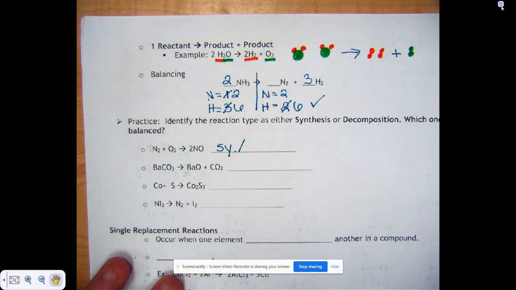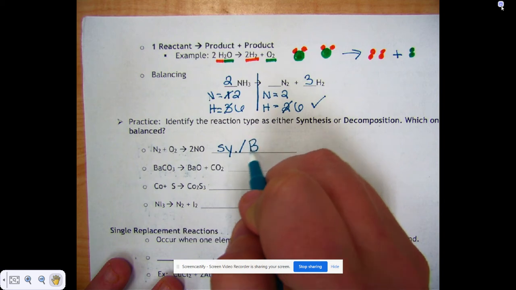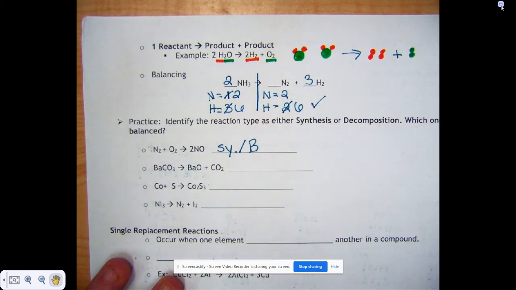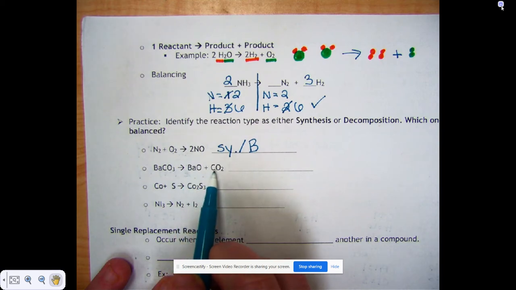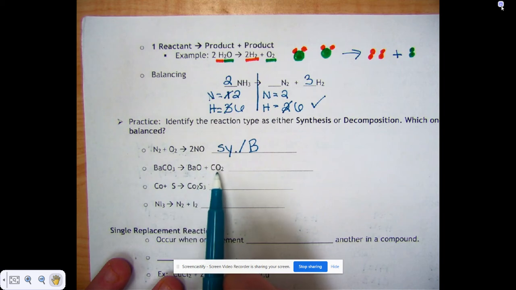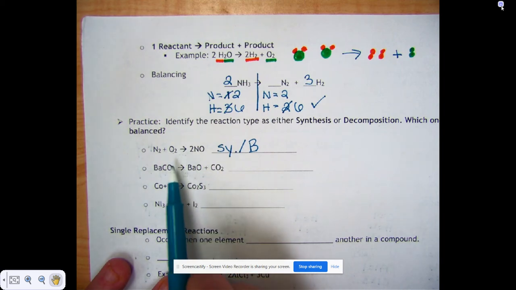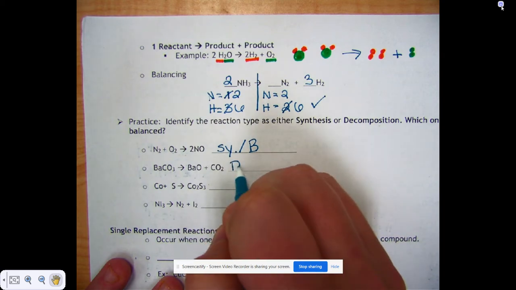And if I count my atoms, 2 nitrogens, 2 nitrogens, 2 oxygens, this goes with this, 2 oxygens. This is balanced. Okay, next one, I start with 1 thing. I end up with 2 separate things. Okay, yes, I have an O here and an O here, but they're 2 different things. If you start with 1, you end with 2 things, then it's going to be decomposition.